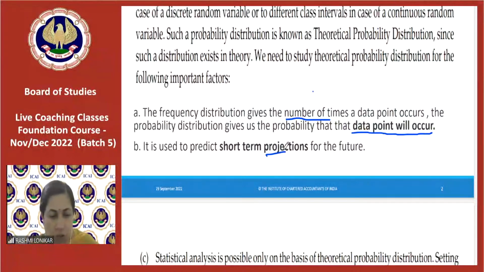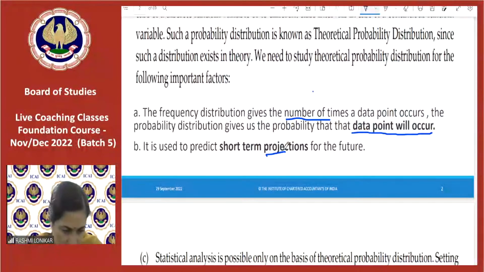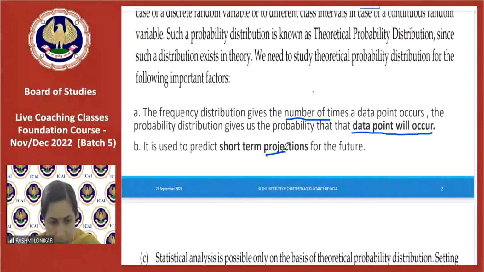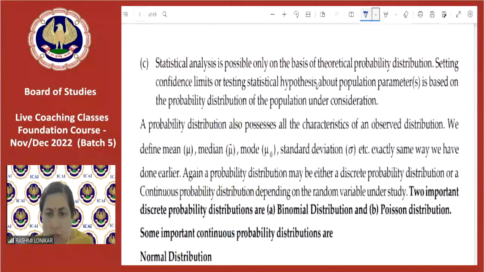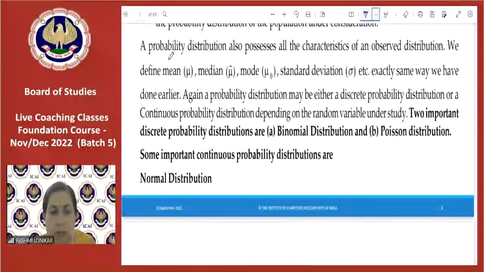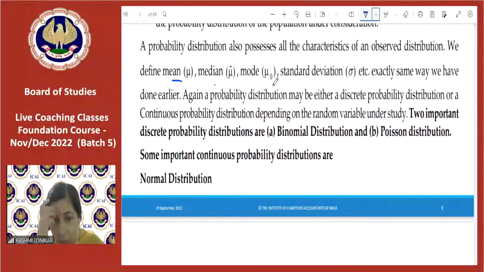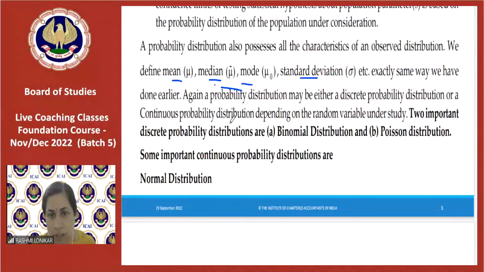It is used for short-term projections and for statistical analysis. A probability distribution will also have a mean, median, mode, standard deviation, etc., like a normal frequency distribution. As already told, discrete distributions are binomial and Poisson, and normal distribution is a continuous distribution.